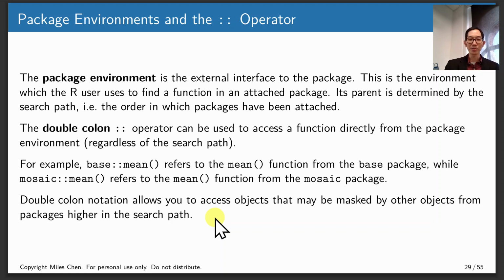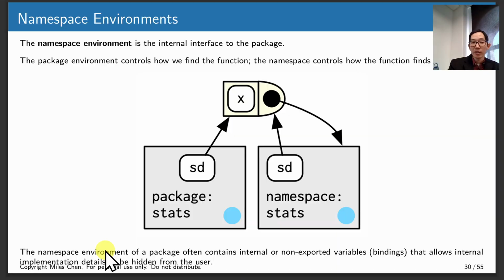But just to make sure we're all talking about the same person, we can use package double colon mean, first and last name type of thing, okay? So the double colon notation allows you to access objects that might be masked by other objects from packages higher in the search path. Okay, the namespace here is the internal reference to the package, and this is how we find functions and how it works.